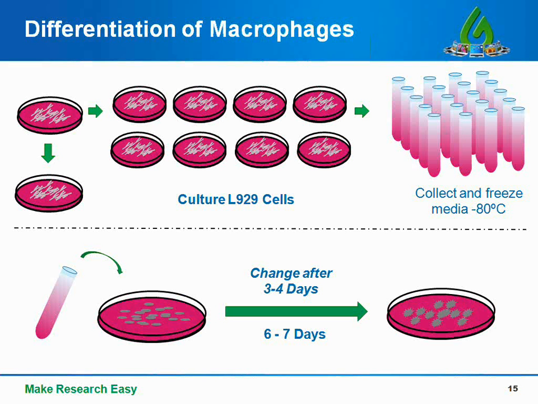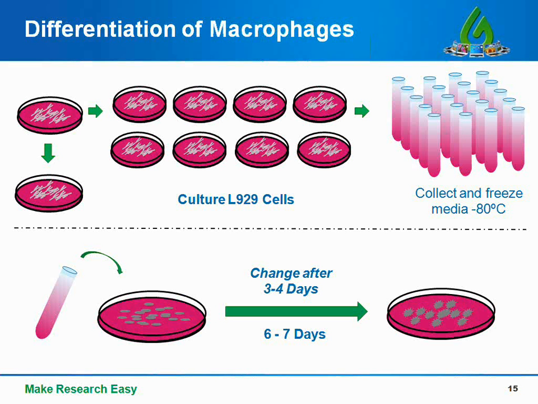Therefore, one strategy is to culture several plates of L929 cells for 7 days and collect the MCSF conditioned media. The media should then be filtered and then either stored at -80 degrees or used immediately for the culture of HSC cells to differentiate them into macrophages.